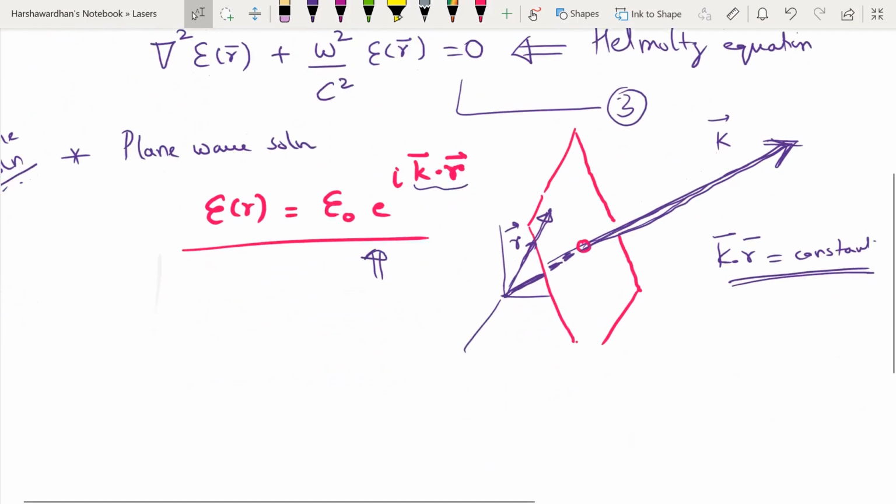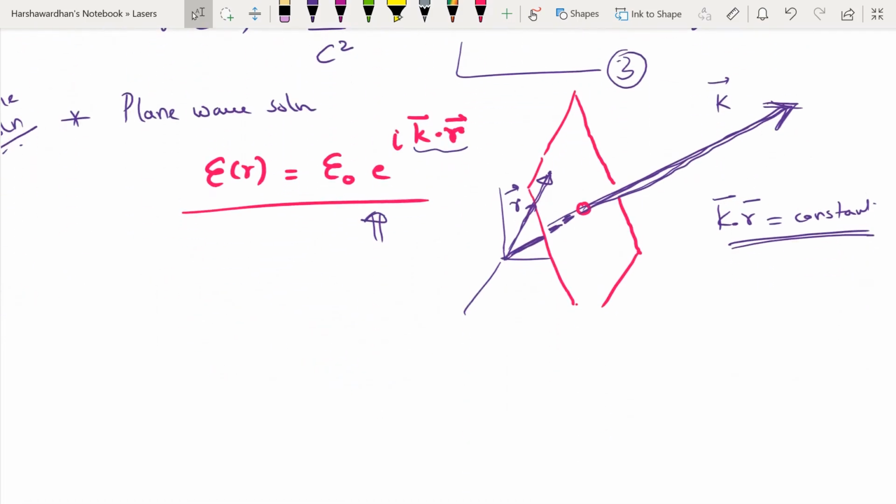Now please note that this is a rather unphysical sort of field, simply because there is an infinite transverse extent. This plane extends to infinity in all directions. It is an infinite plane, so this is clearly unphysical because such a wave would have infinite energy content.